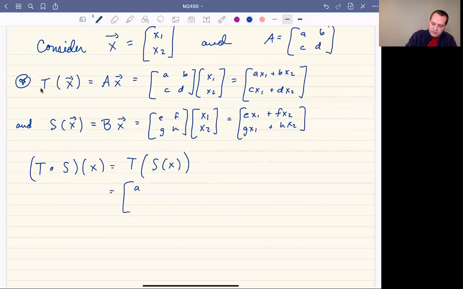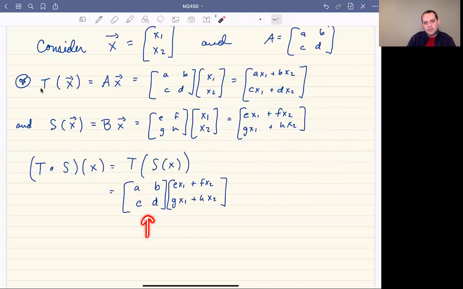So we're going to take the matrix ABCD and multiply that by S of x, which we just found to be ex1 plus fx2, gx1 plus hx2. I want you to pay attention that this is a 2 by 2 matrix. ABCD is a 2 by 2 matrix. It's got two rows and two columns.